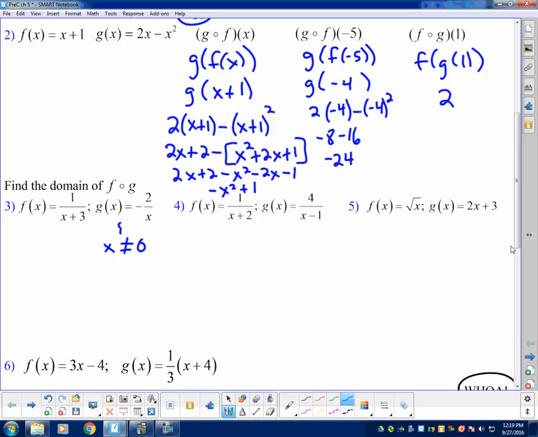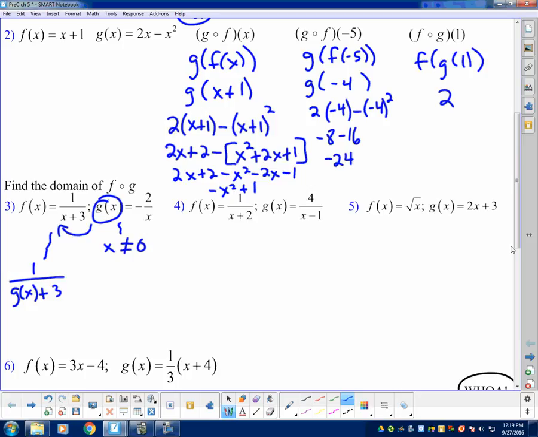Now, what f composed with g means is that we're going to take g and plug it in for x right here. You with me? So what I have for this function is 1 over, instead of x, g of x plus 3. I've already taken care of the restrictions with g of x.